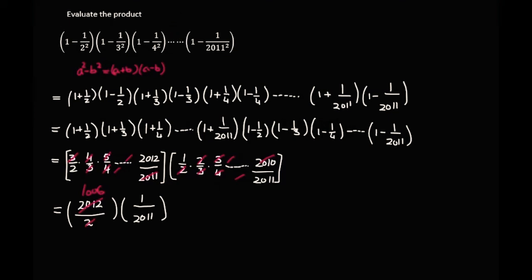So now multiply 1006 with 1, and this will become 1006 over 2011, and this is our answer.